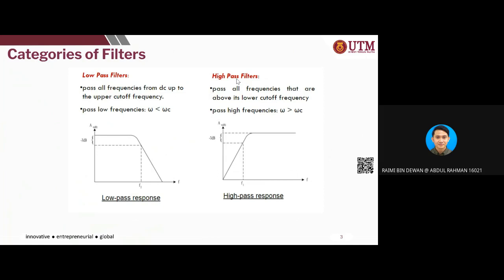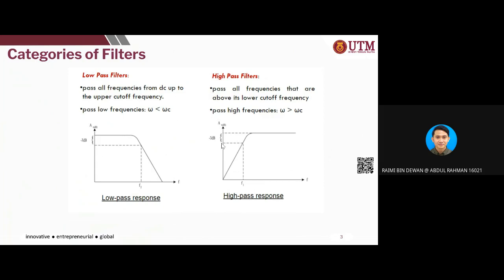High pass filter, in contrast, passes all frequency that are above the lower cutoff frequency. The cutoff frequency is the frequency at which there is a reduction of 1 over square root of 2 in linear, or negative 3 dB.